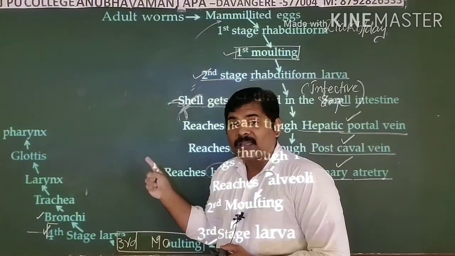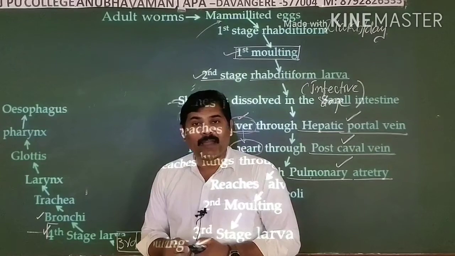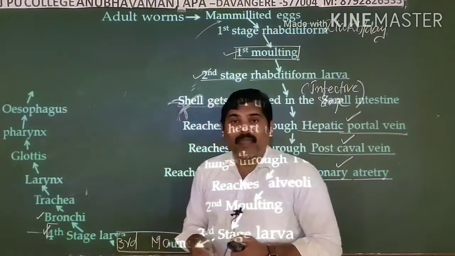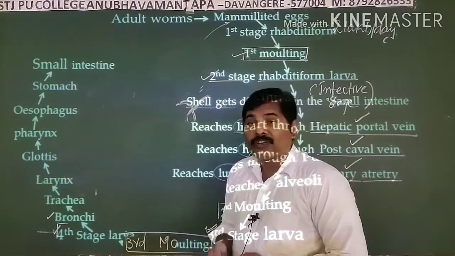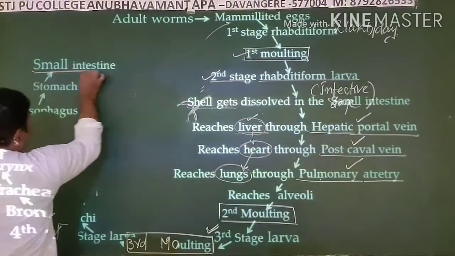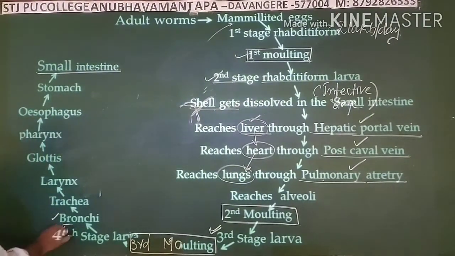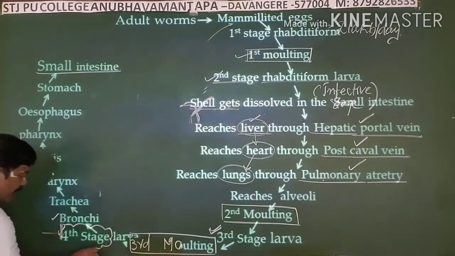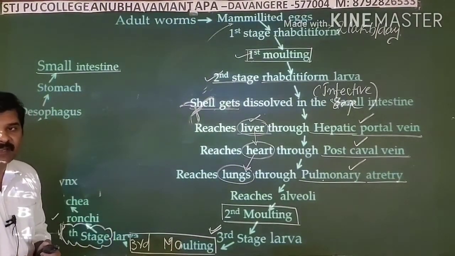From the pharynx it must go to your esophagus, which is the food pipe. From the food pipe it reaches your stomach. Finally, from the stomach it reaches your small intestine. Now it has reached its final destination, the small intestine. Here the fourth stage larva has reached the small intestine.